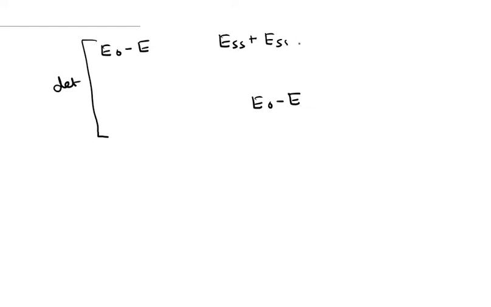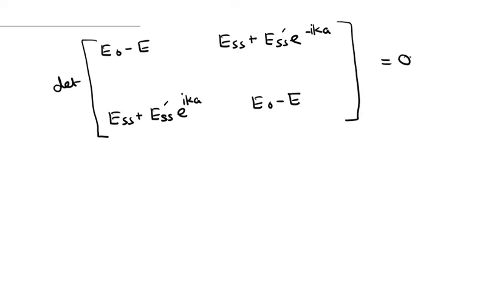We just do a plain and simple determinant calculation: the determinant of this matrix, E0 minus E, E0 minus E, ESS plus ESS dash e to the power minus i k a, ESS plus ESS dash e to the power plus i k a, is equal to 0.